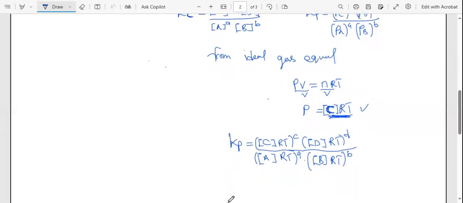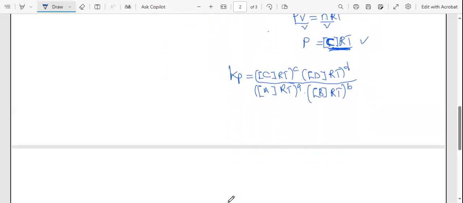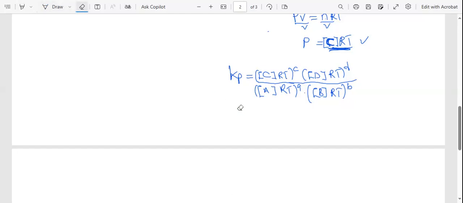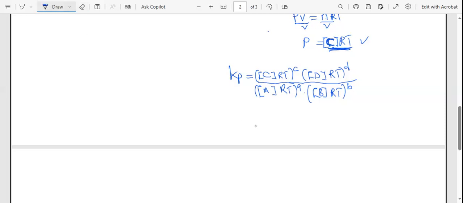So I'm going to distribute these powers now inside. We know this, so I'll distribute that. So I'll say Kp is equal to this concentration of C. This C will be distributed inside there, so we have C there, and also RT in these brackets, because they had no brackets like the concentration.